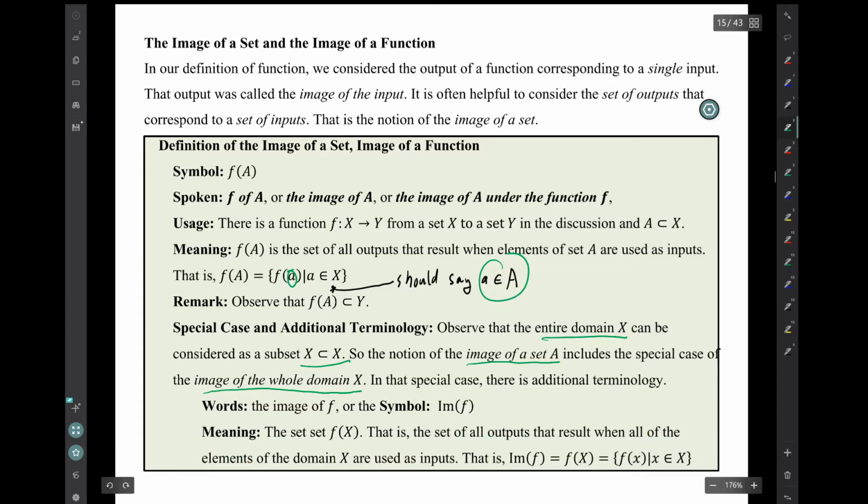That is, this symbol, the image of f, or f of capital X, those things mean the same thing, and they just mean the set of all possible outputs that you get from the function when you use elements of set capital X, the whole domain set, as inputs.